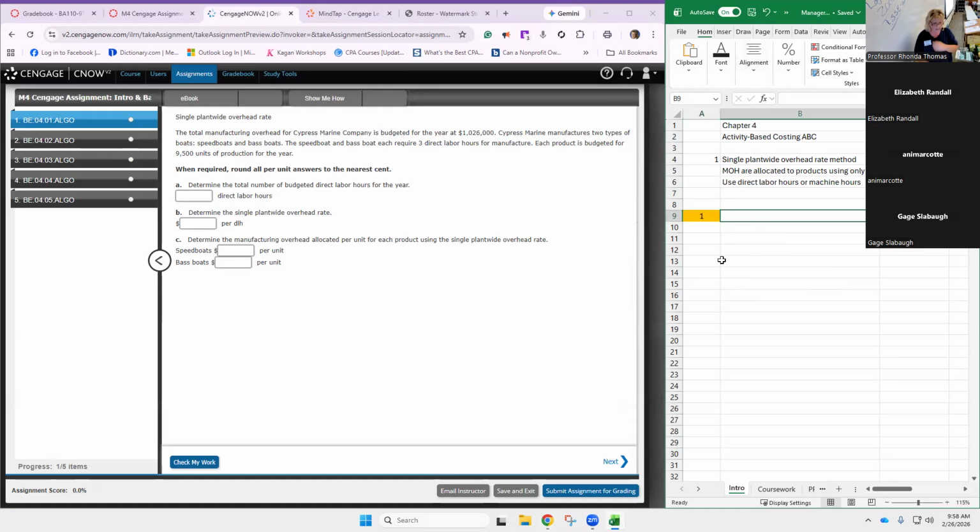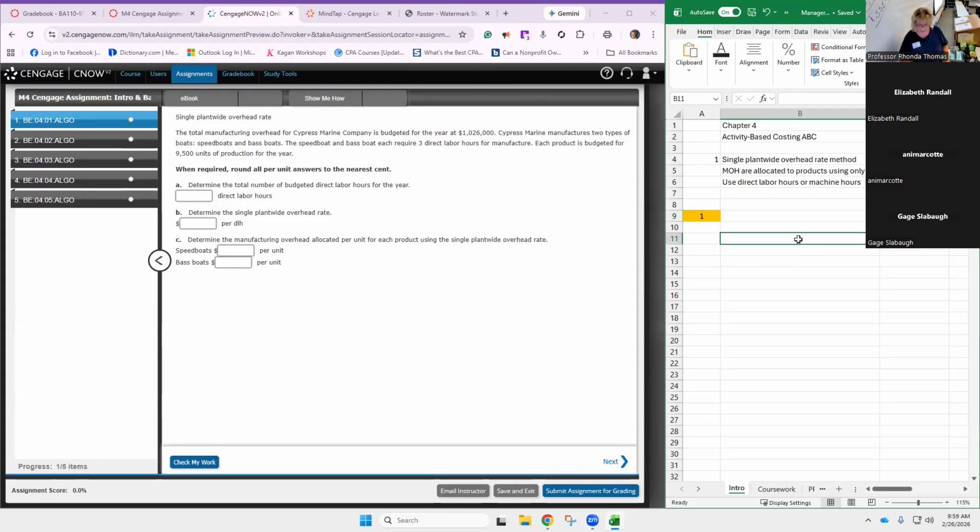It says we're working on a single plant-wide overhead rate. The total manufacturing overhead for this business, called Cypress Marine, is budgeted for the year. Remember, you have to estimate what your overhead is going to be for the applied amount.